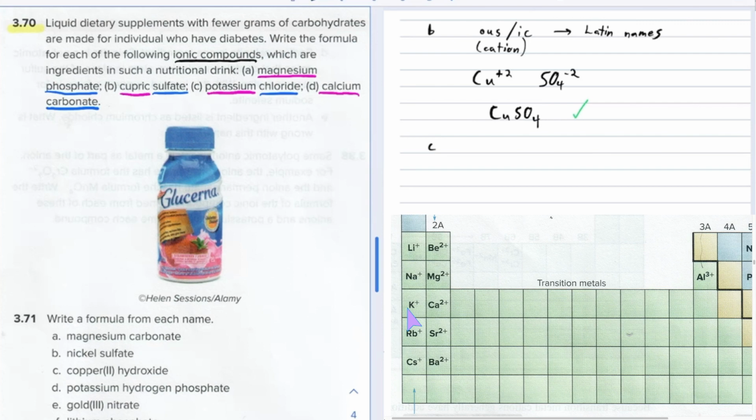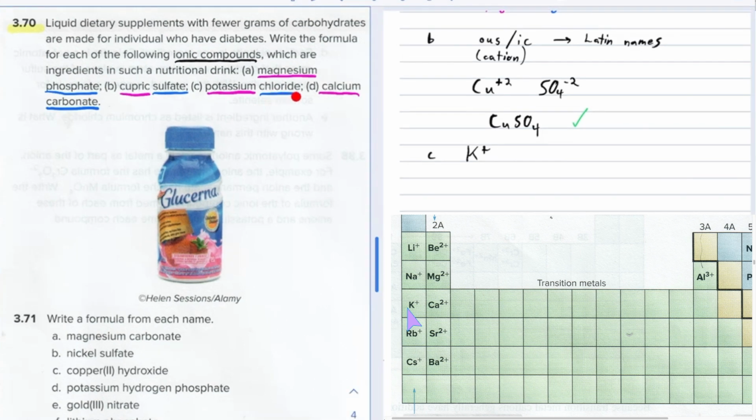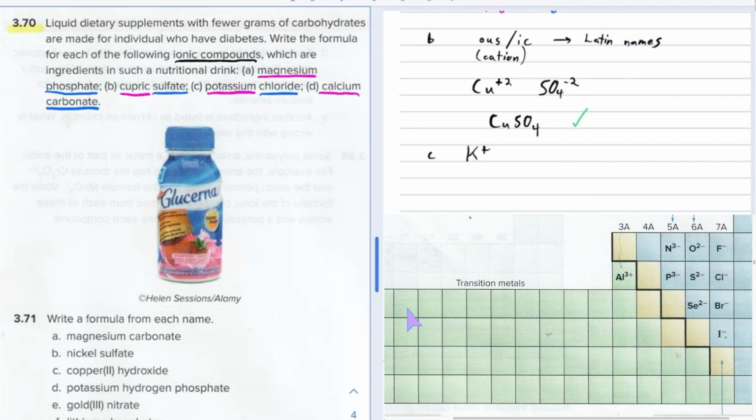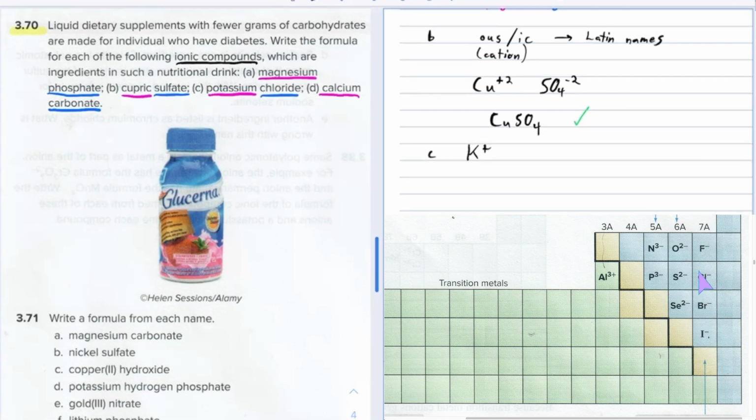So K plus. And then chloride, this is how anions are normally written. Okay, it's not an ate or an ite. It's just an ide. That's a regular anion, and those are just the regular anions. Chloride, that's Cl minus.